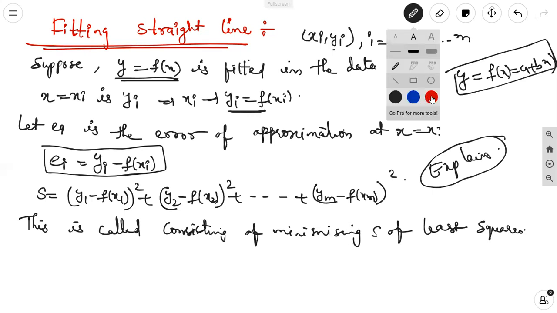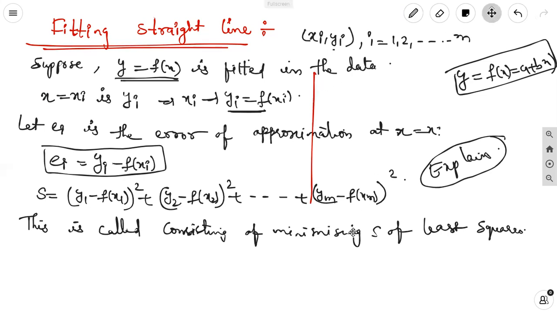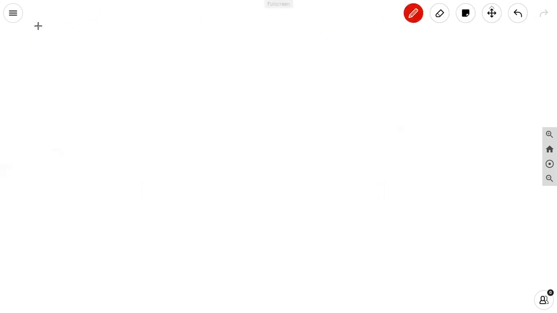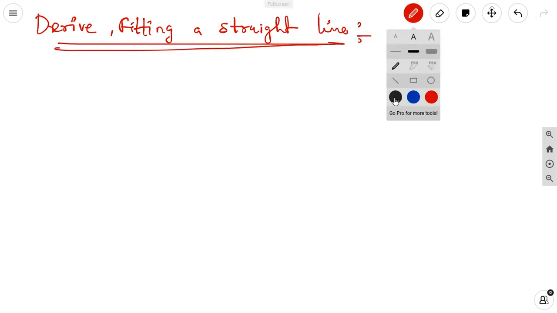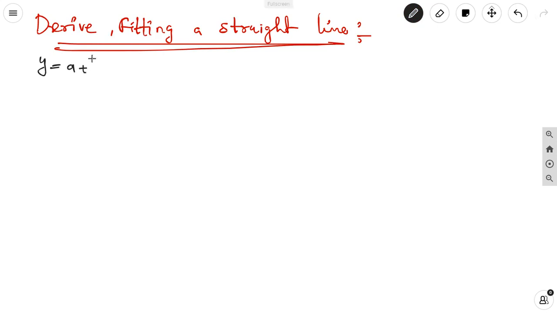Now we take the derivation of fitting a straight line. To derive the fitting of a straight line by the method of least squares, first we take the straight line equation, y equal to a plus bx.